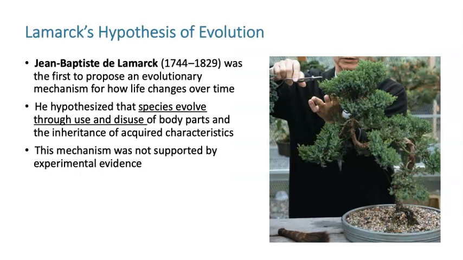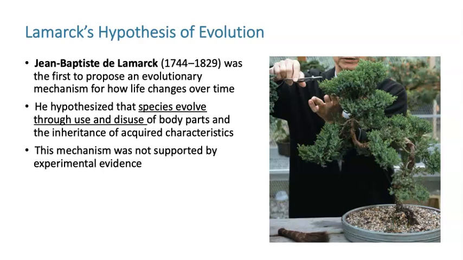Darwin was very influenced by a scientist named Jean-Baptiste de Lamarck. Lamarck was one of the first people to propose the idea of evolutionary change and how it might occur. Now, I want to back up here and say that for the most part, Lamarck's ideas were not supported by evidence.